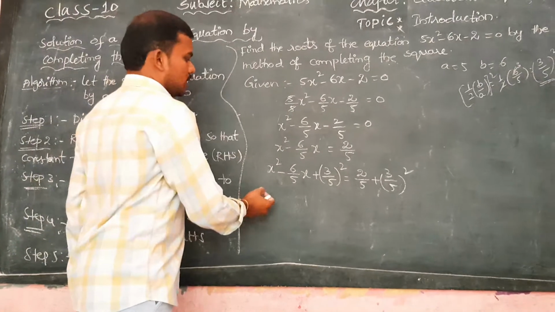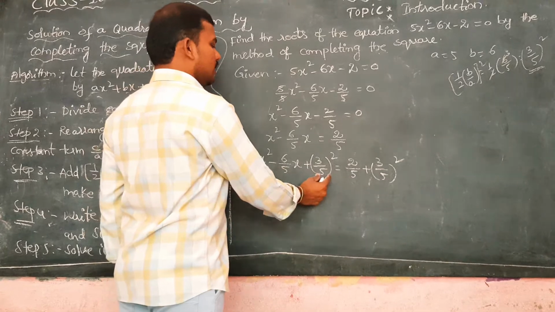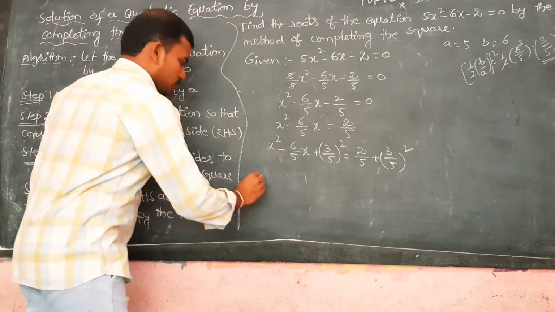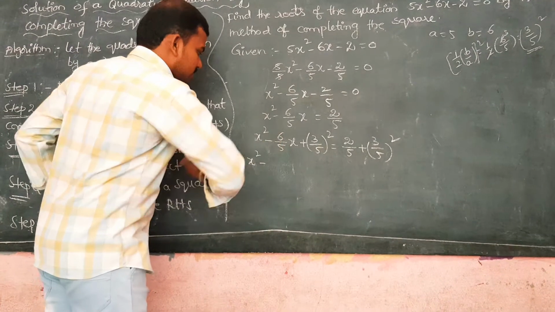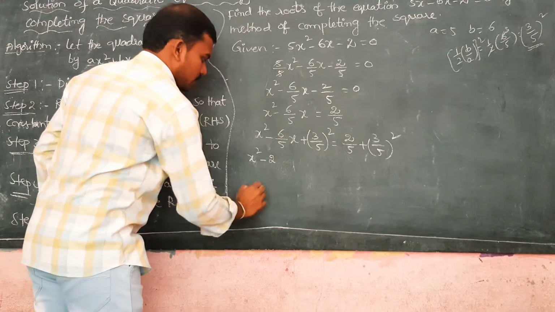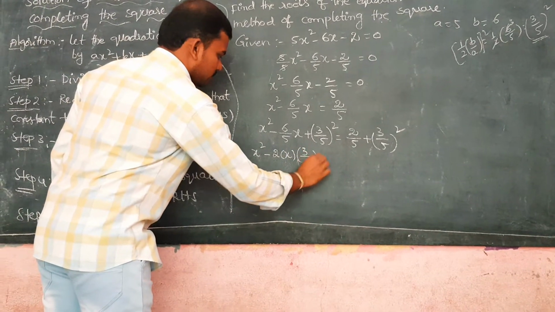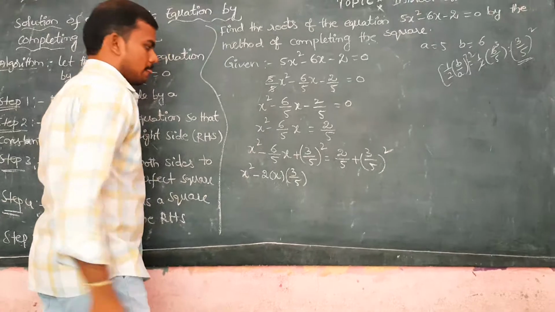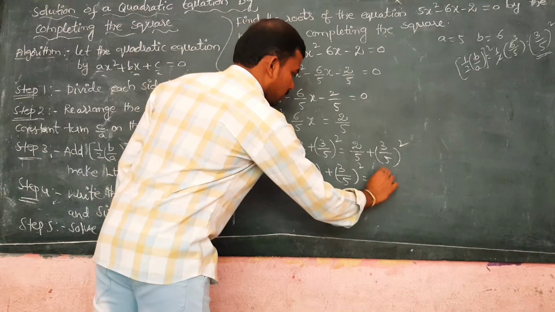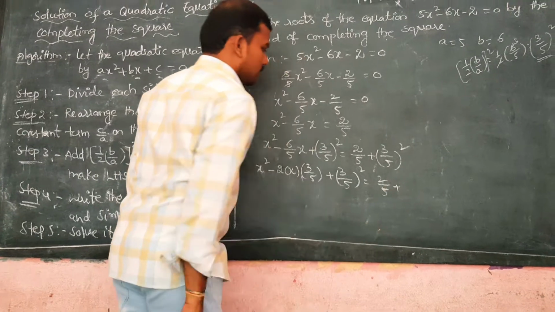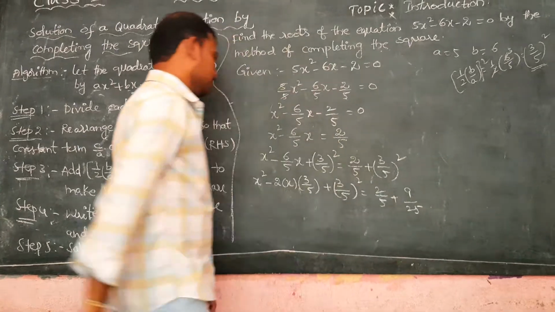Here this is in the form a square minus 2ab plus b square. So a square is x square, minus 6 by 5 x can be written as 2ab, where a means x and b means 3 by 5, plus 3 by 5 whole square, that is equal to 2 by 5 plus 3 square means 9 by 25.